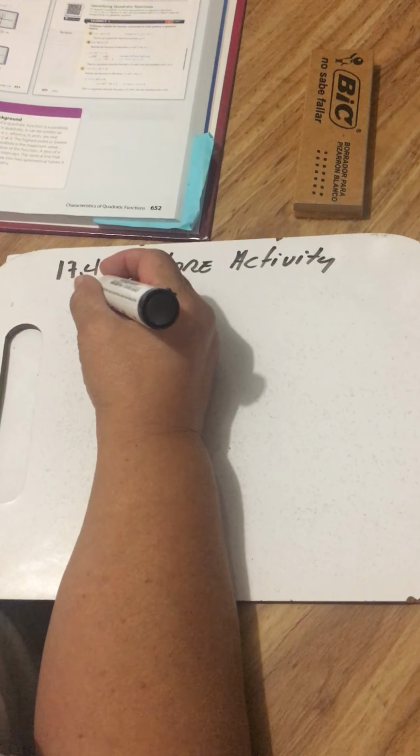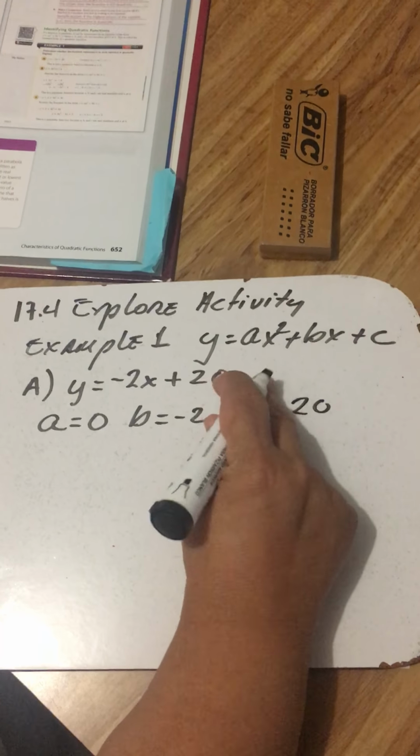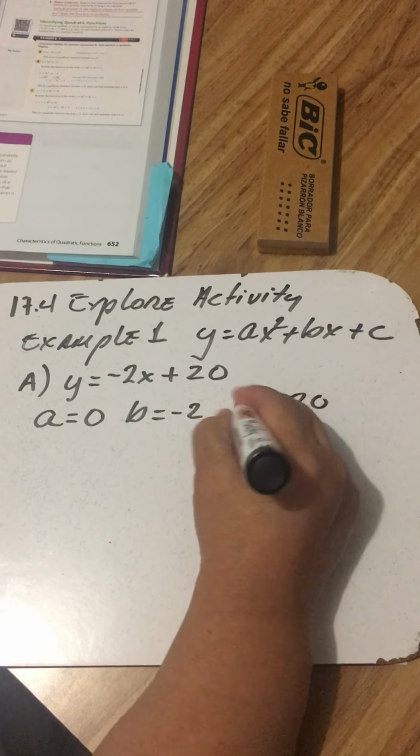Now, in A, we have y equals minus 2x plus 20. Here, a is equal to 0, b is minus 2, and c is 20. No, sorry, c is 20. When we have a equal to 0, there is no quadratic function because we don't have a quadratic term.